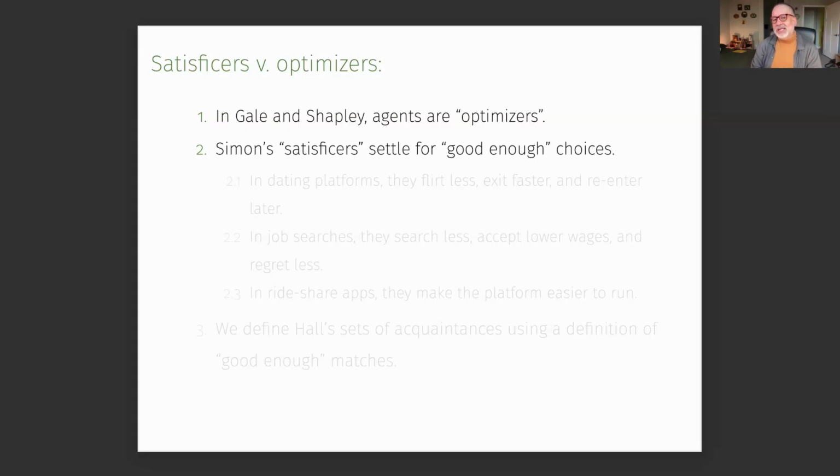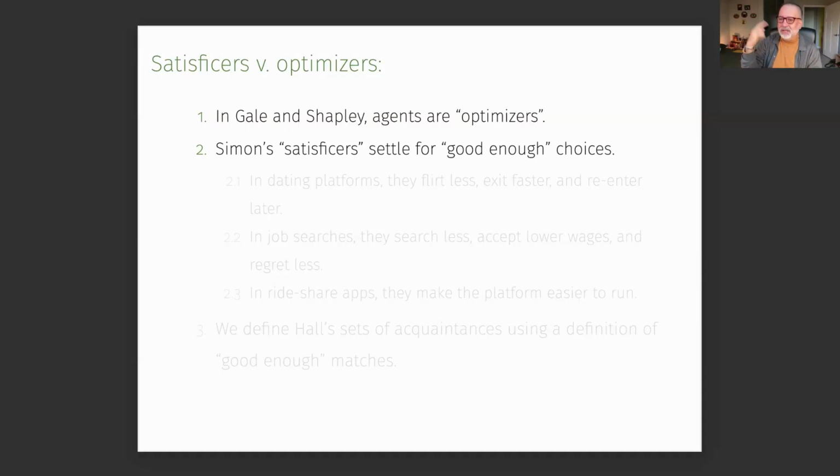Satisficers like simplicity, and therefore they are happy to achieve an outcome that they consider good enough. It need not be the best outcome, but if they think the outcome is good enough, they're happy to settle for that.